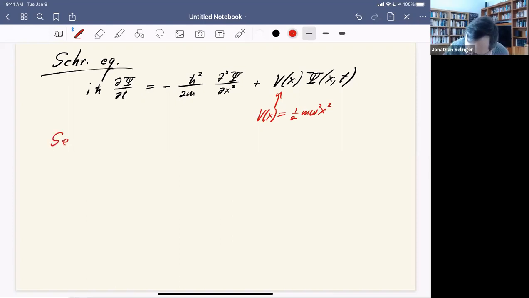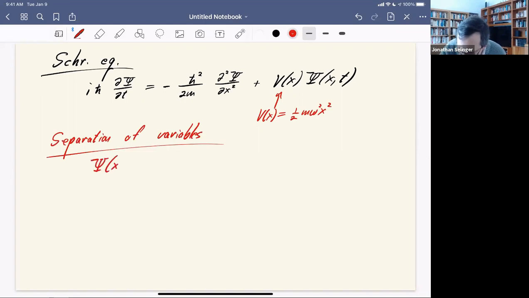Okay, and so for separation of variables, we want to say that the wave function as a function of x and time, that's the uppercase psi, is our lowercase psi of x times a function of time.